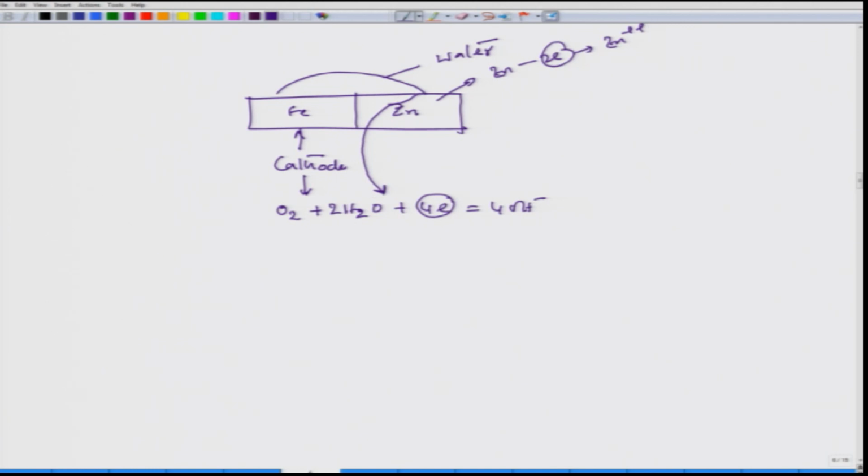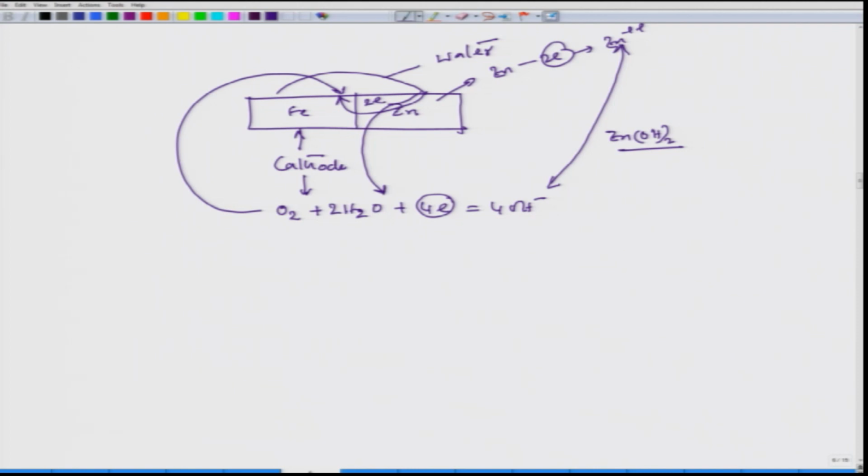So, in this particular metal object, this reaction happens on this surface and the electrons will go like this, and these two will react and form zinc hydroxide. So, that way the reaction is taking place.